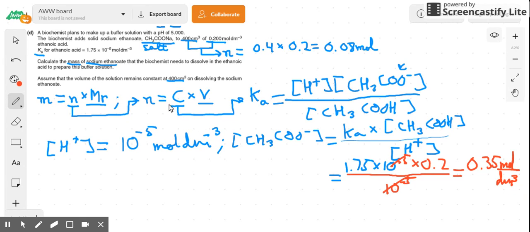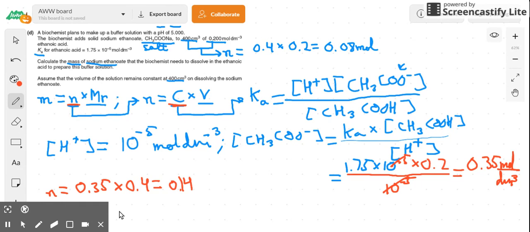So that's the concentration we are after now. Then if we multiply the concentration by the volume, 0.35 times the volume, which is 0.4, that equals 0.14. And now we have the moles.